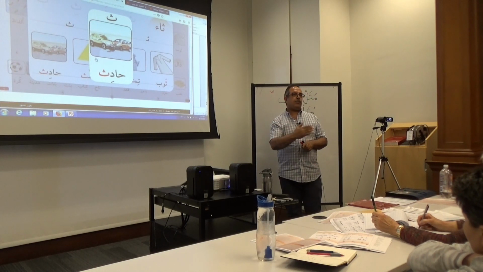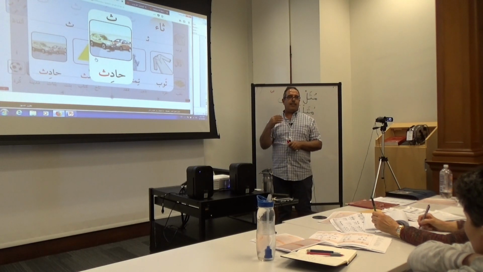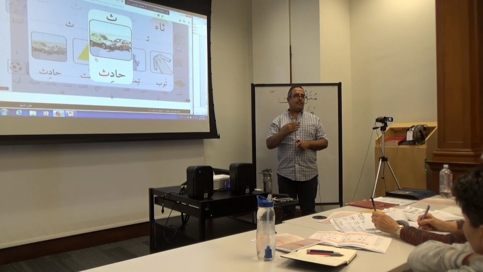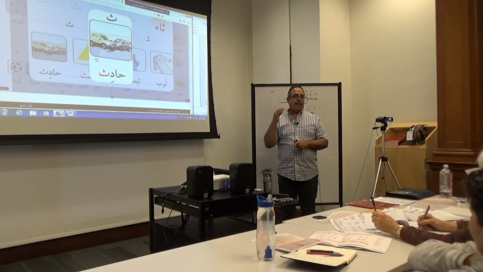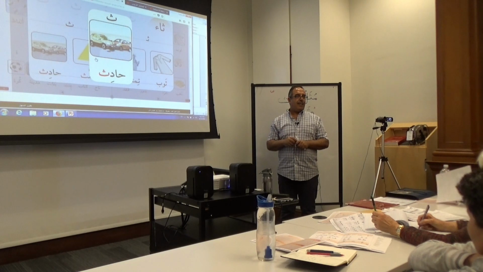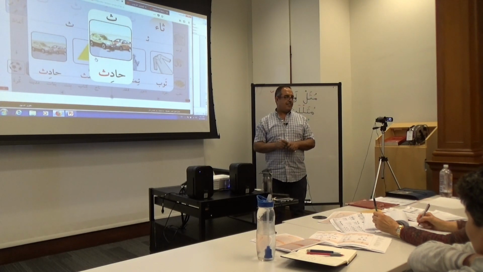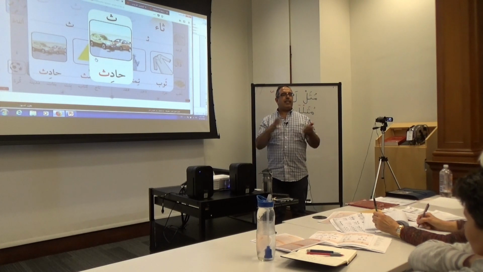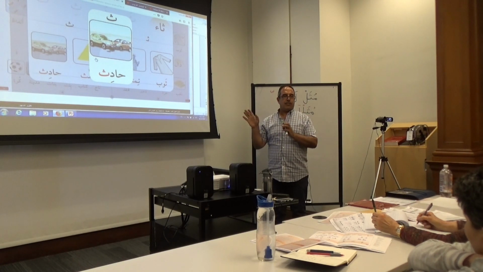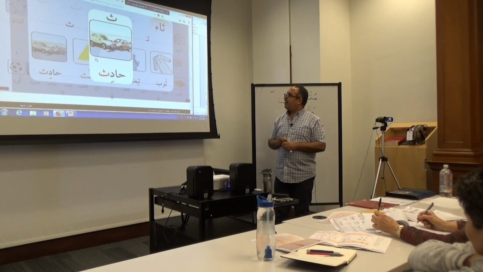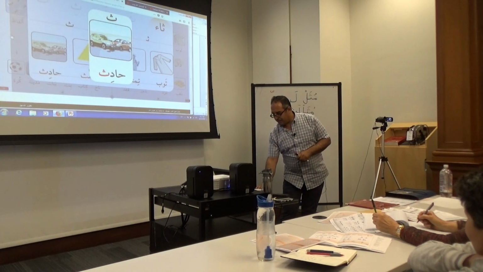And then we end it with fa. So ha, death. And it means accident. It could be any kind of accident. It doesn't have to be a car accident. Right?